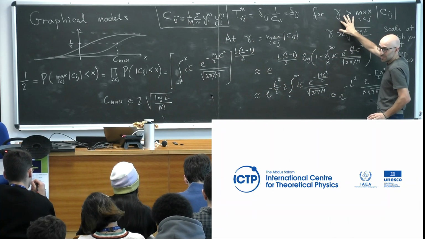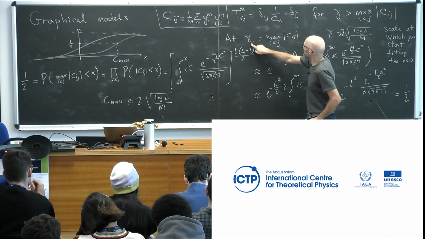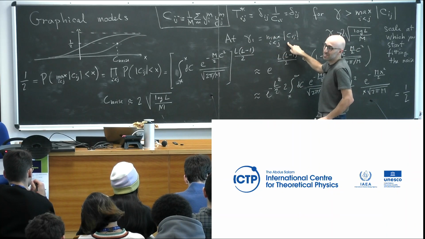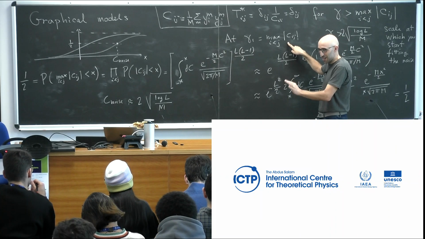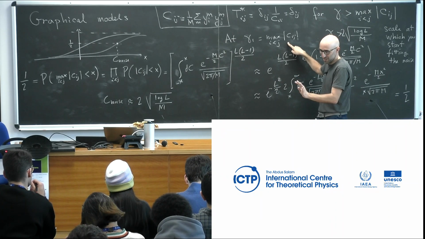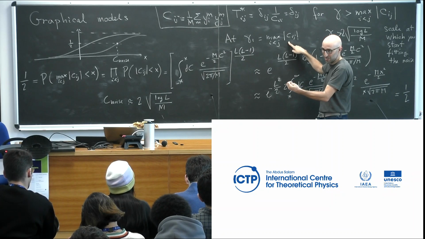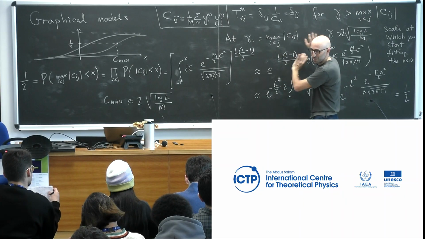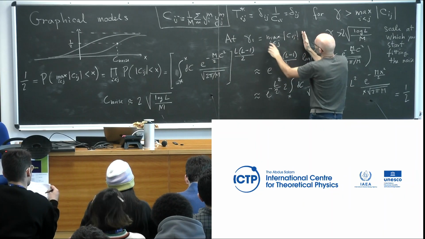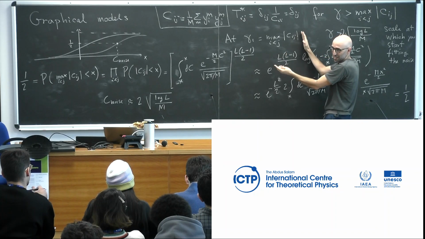I choose a gamma, and I get a t. If gamma is bigger than this, then t is the identity, which means in my null model that I'm not overfitting. If gamma is smaller than this, I start overfitting. Now I forget about gamma, and I want to know how big this number is as a function of how many data I have.